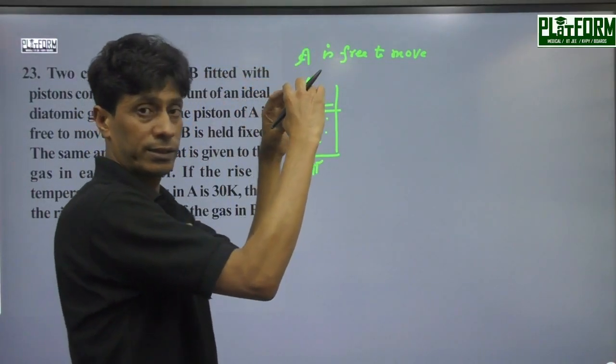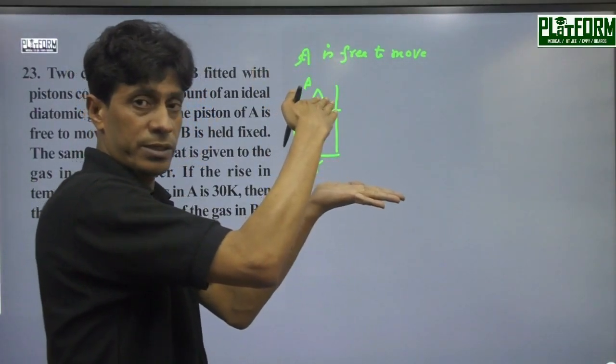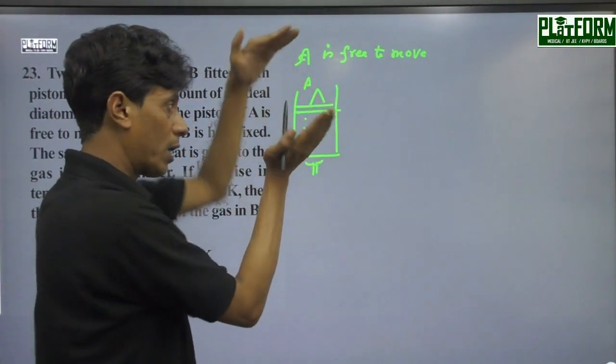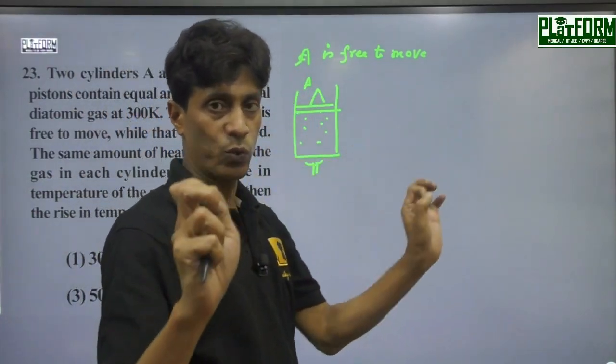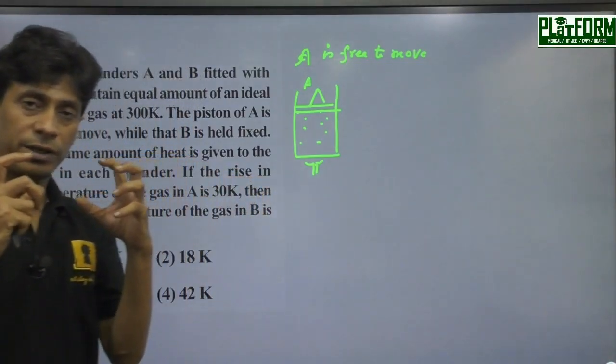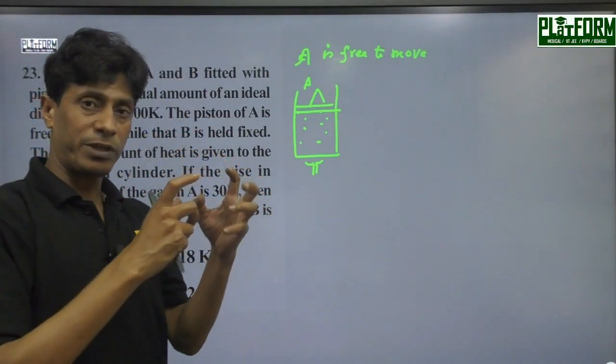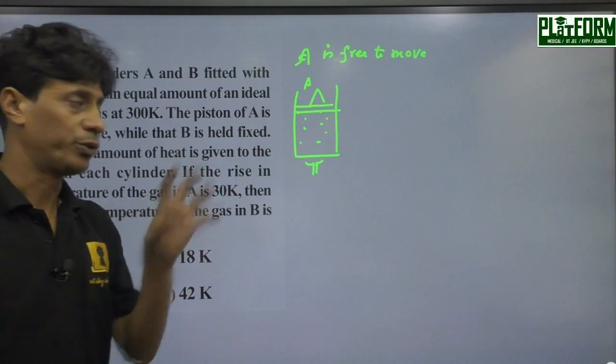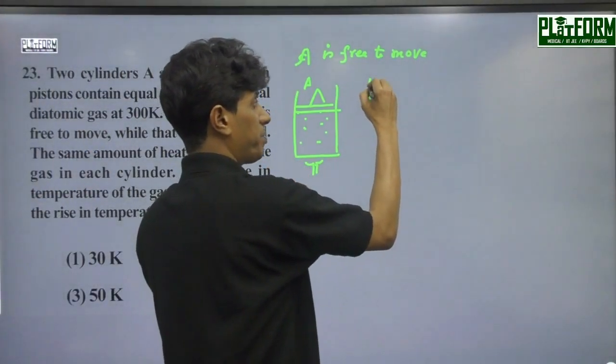And finally, the piston stops moving when outside and inside pressure become equal. So finally the pressure of the gas becomes the same as the pressure initially. So we can say P is fixed.